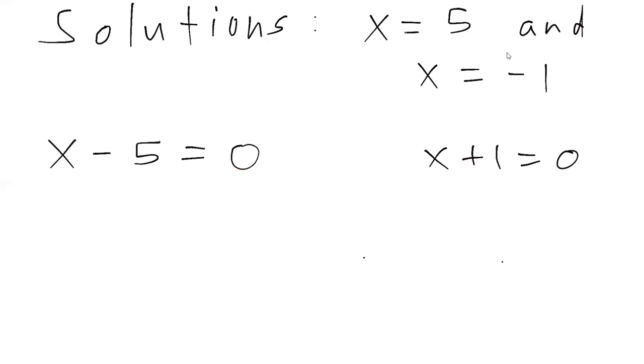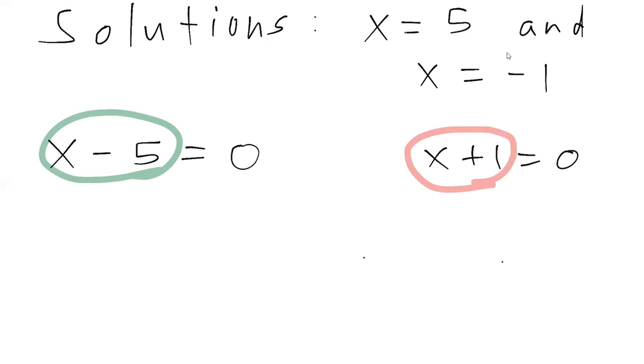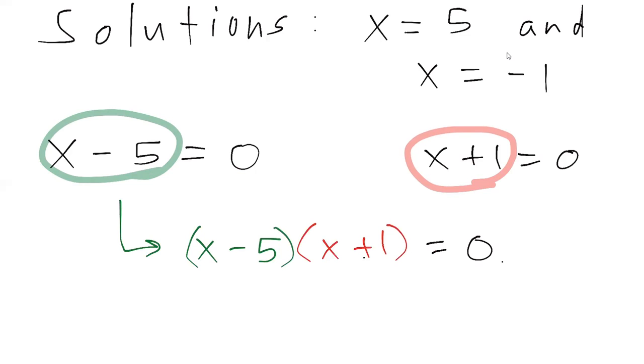But what I'm now going to do is take these two equations, these two binomials, the things circled in green and red, and stack them next to each other. Say, all right, x minus 5 times x plus 1. So I'm working backwards, y'all, to get two factors, green and red, in the zero product property.